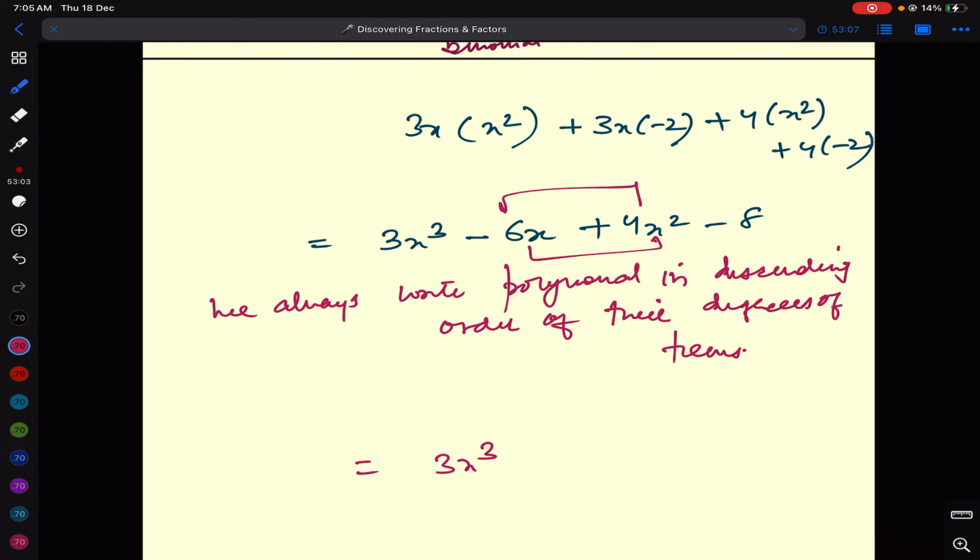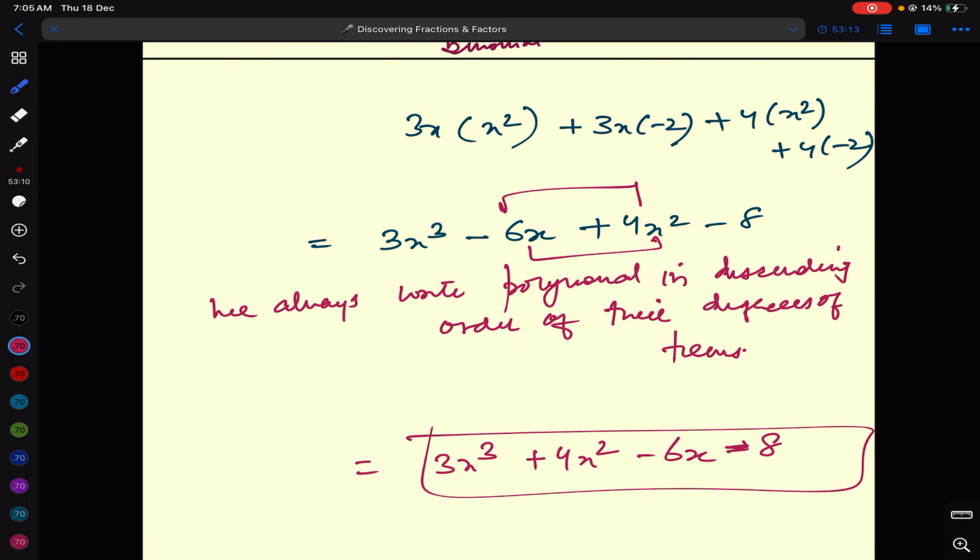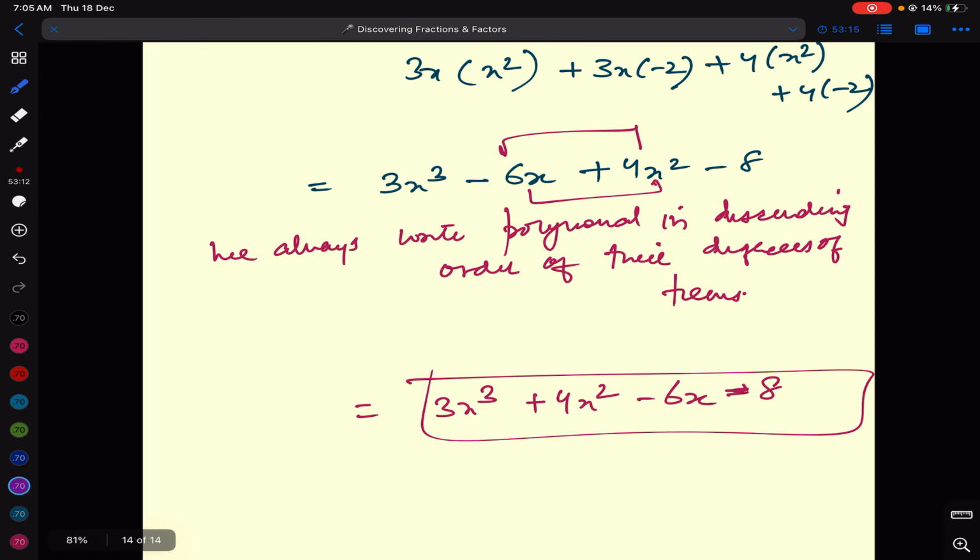So it will be 3x cubed plus 4x square minus 6x minus 8. So now in this polynomial you have the terms sorted in descending order of their degrees. Clear? So this becomes your multiplication of the given two binomials. I hope this is making sense.